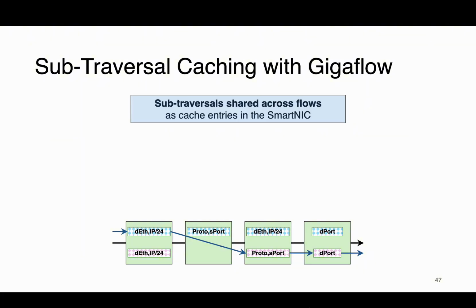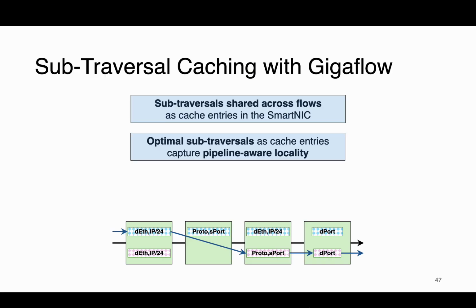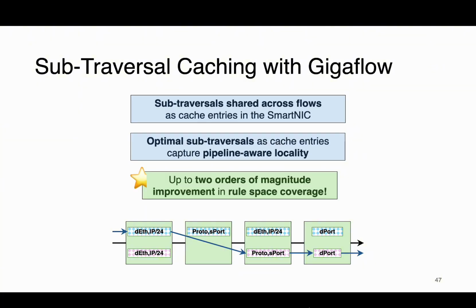If we can identify the optimal set of such sub-traversals to cache, we can capture a powerful form of locality from the vSwitch pipeline that is called pipeline-aware locality. In leveraging this pipeline-aware locality, we see up to a 2 orders of magnitude improvement in rule space coverage.